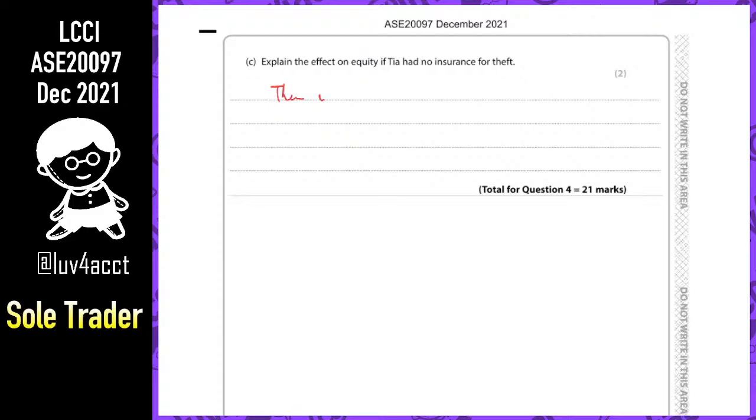There would be no claim of 3,000. That means disposal loss would be 3,120 instead of 120.